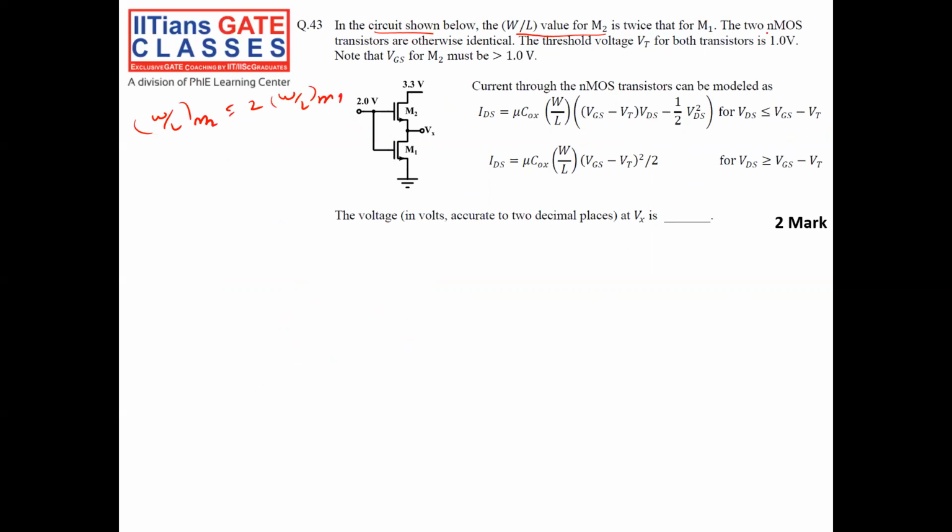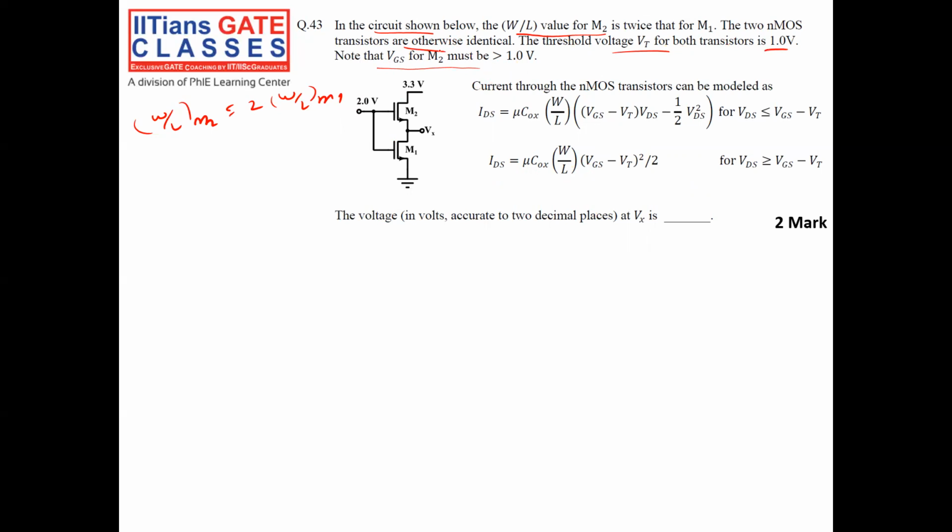The two NMOS transistors are otherwise identical. The threshold voltage VT of the transistors is 1 volt. Note VGS for M2 should be greater than 1 volt.